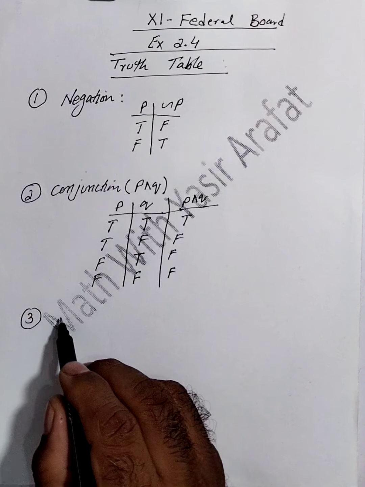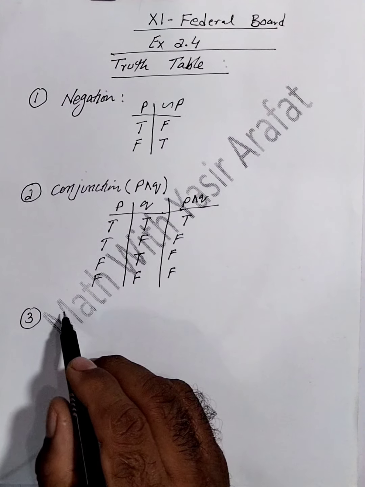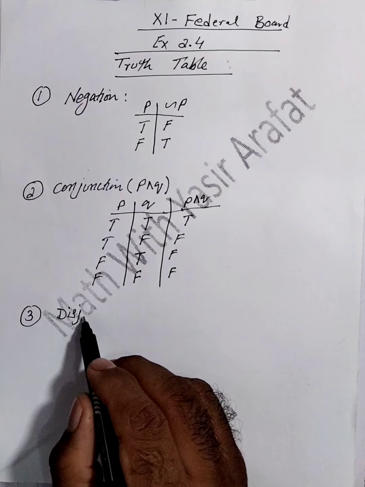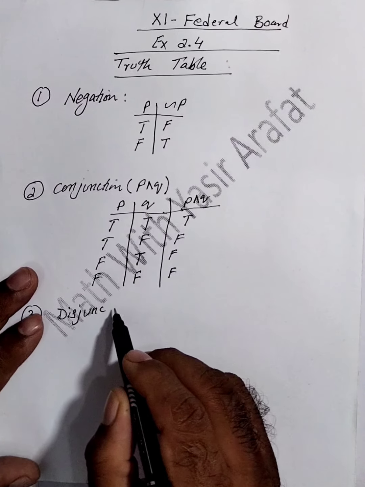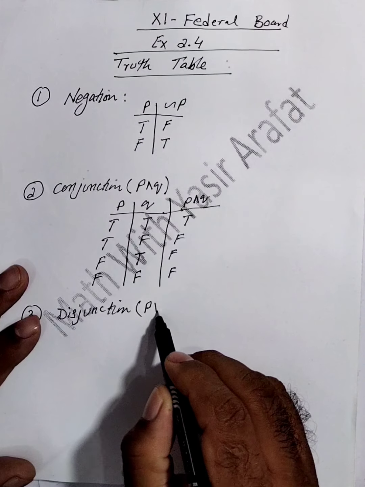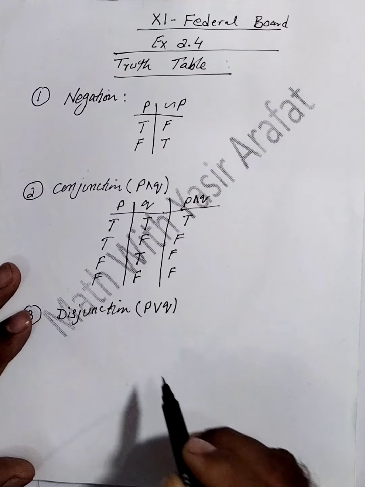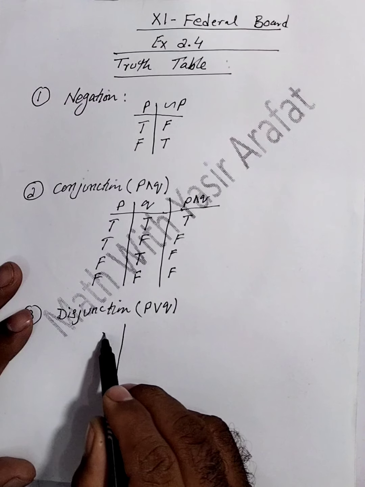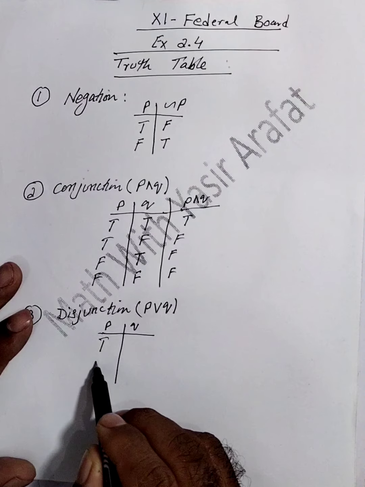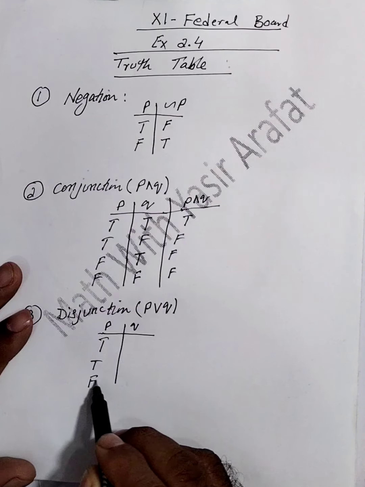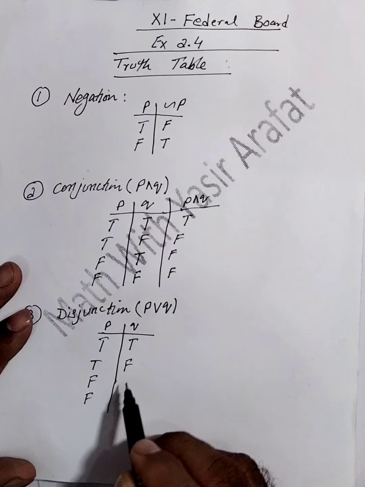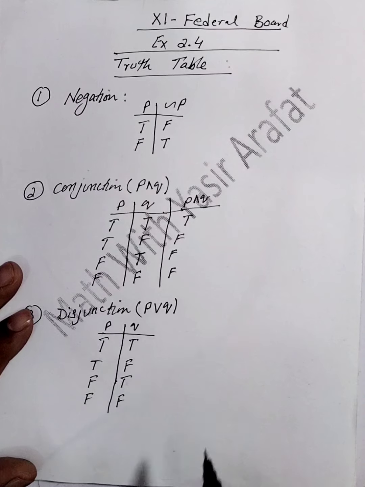Now come to the third point here, disjunction statement. Disjunction, that is P or Q. So again we have two statements P and Q having the options true, true, false and false. True, false, true, false.